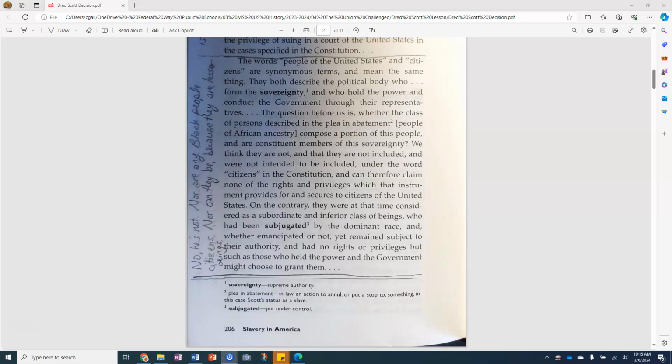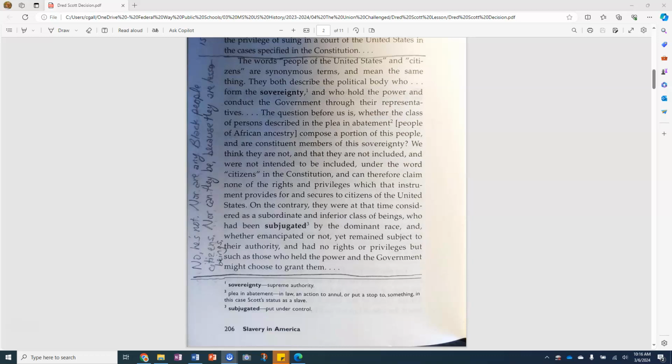Okay, so in this paragraph, got some really key points, right? First of all, we're talking a little bit about the class of people. Okay, so not just Dred Scott himself, but the group of people that he is representative of. In this case, people of African ancestry. Okay?